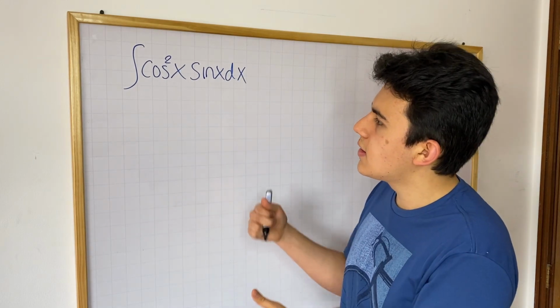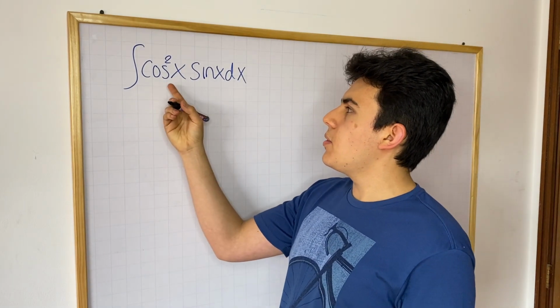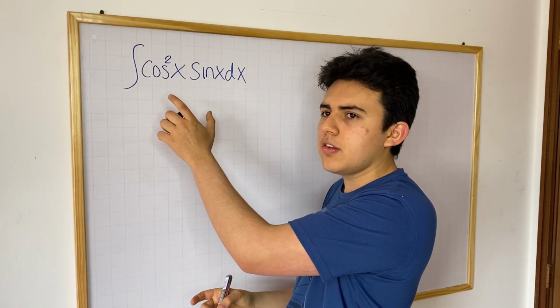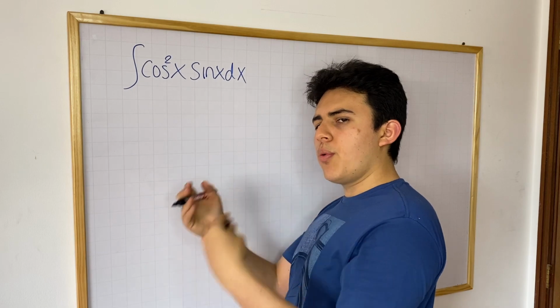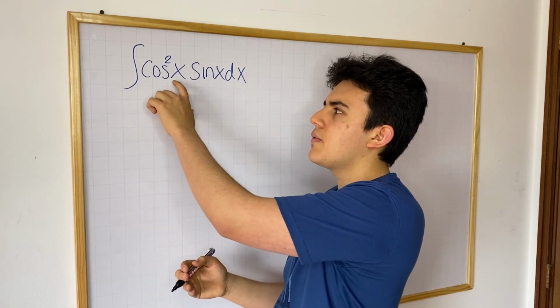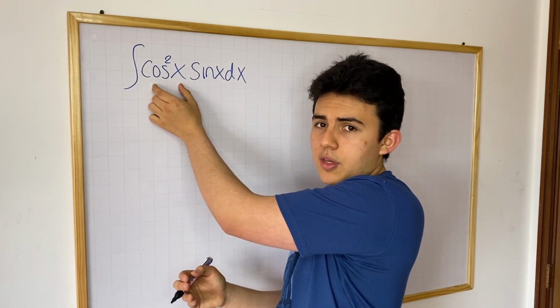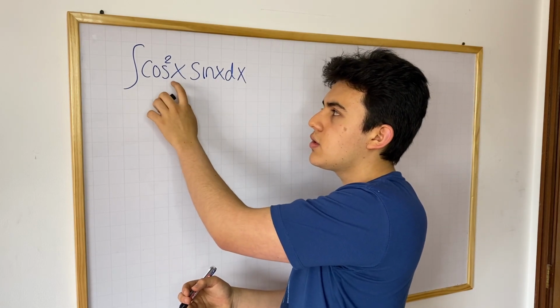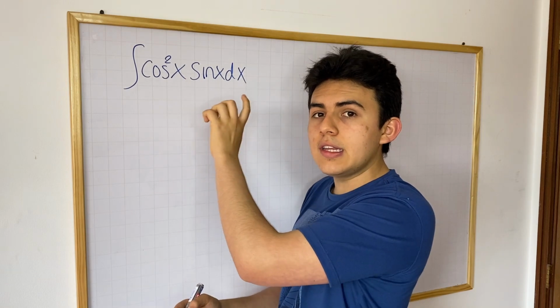So I'm going to show you this. You can say that u is not going to be any of these expressions that you have here explicitly, but it's gonna be a portion or pretty much half of one expression that you have here, which is gonna be cosine. So instead of letting u be equal to cosine squared, you're gonna let u be equal to cosine, okay?